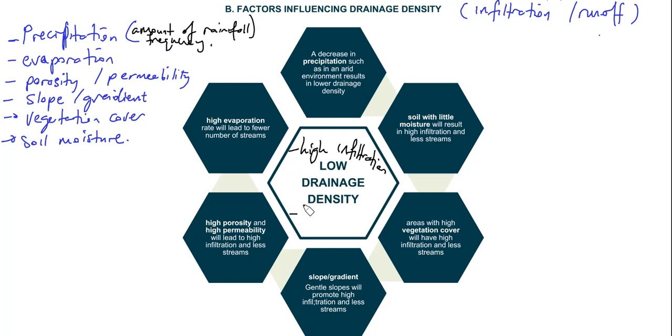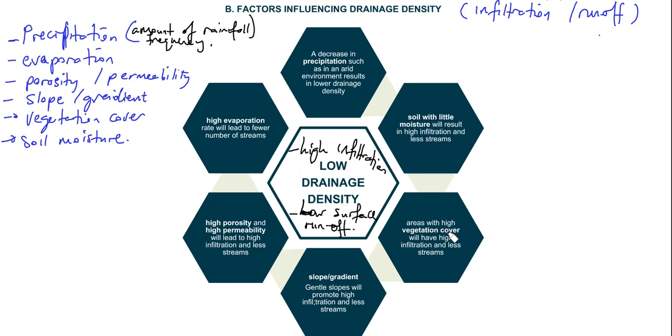Then here we're talking of low surface runoff. So low surface runoff and high infiltration result in low drainage density. Simple like that.